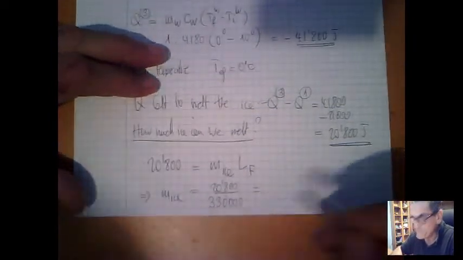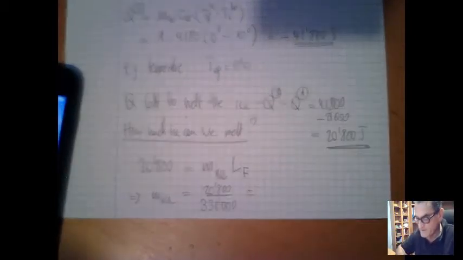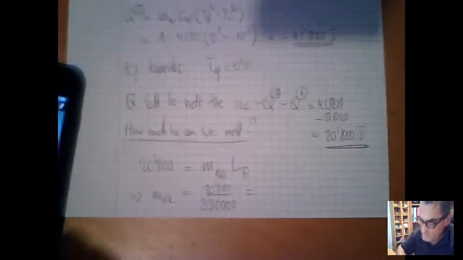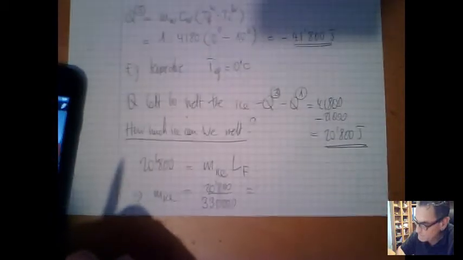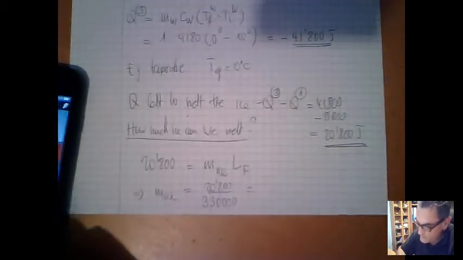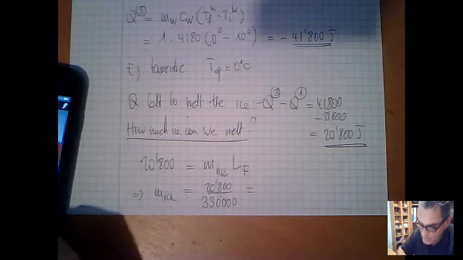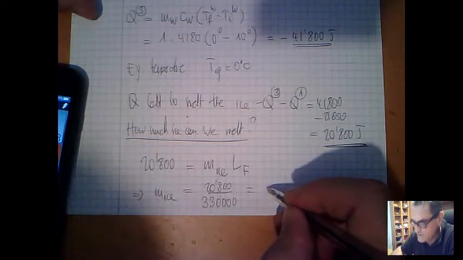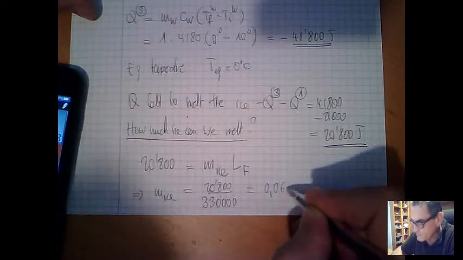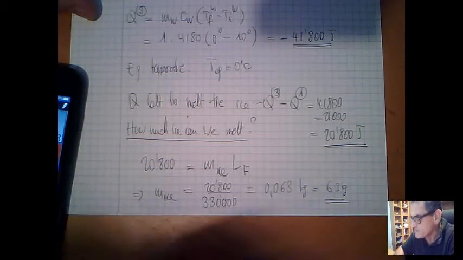This gives us 20,800 divided by 330,000, and that gives us 0.063 kilograms, which is about 63 grams.